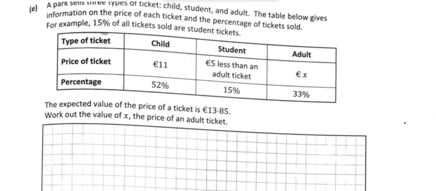Right, so for part E then, it's expected value, so we'll do 11 multiplied by the percentage, so it's 52. I'll just change these into fractions because we have an x in it there, so we're going to get an equation. So it'll be 26 over 50 plus, and then it's 5 less than.